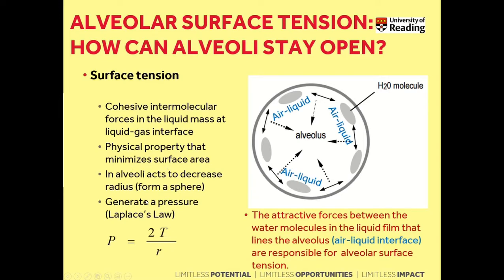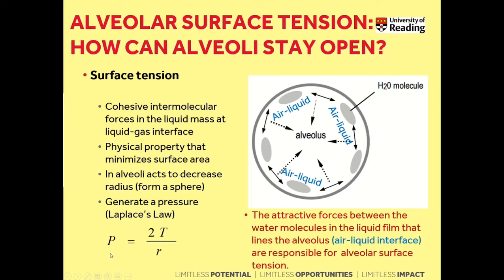This force, which is regulated by the Laplace law, is important because it is decreasing the radius of the alveolus. So again, these attractive forces between the water molecules in the liquid film that lines the alveolus are responsible for the alveolar surface tension.